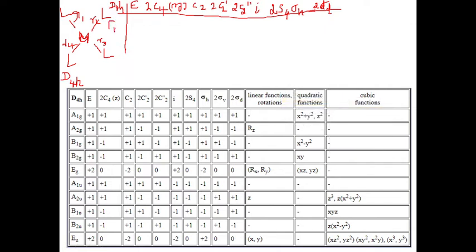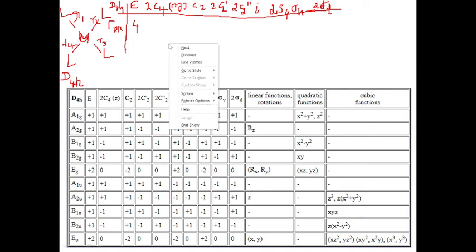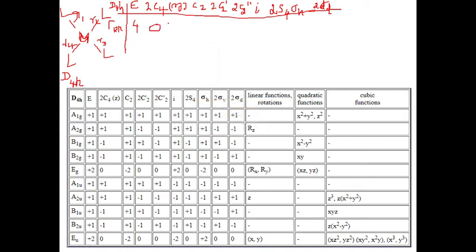So I am going to have 4 bonds here, and when I am going to do a C4, all the atoms are going to be shifted, so my number of unshifted atoms is 0. Even when I am going to do a C2, the same is going to be the case. So all my atoms are going to be shifted.